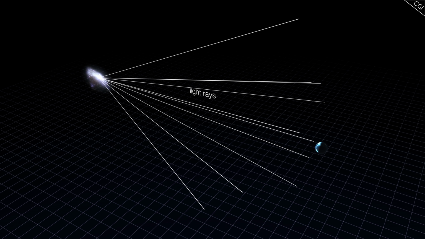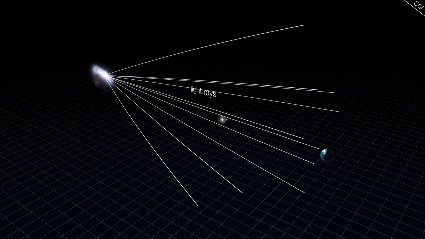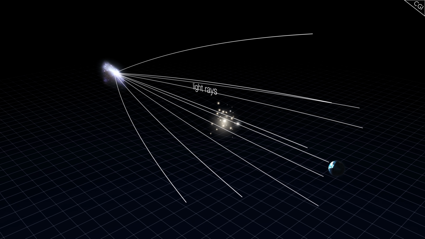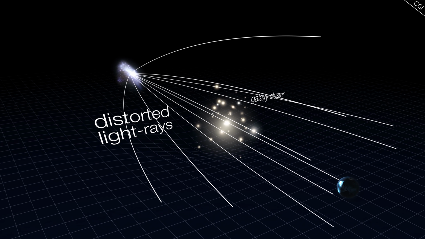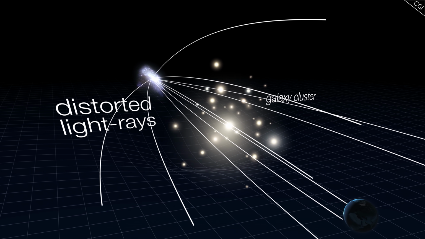However, when there is a body with a large amount of mass, like a galaxy or galaxy cluster, the mass of the object warps the curvature of space-time depending on how massive it is.